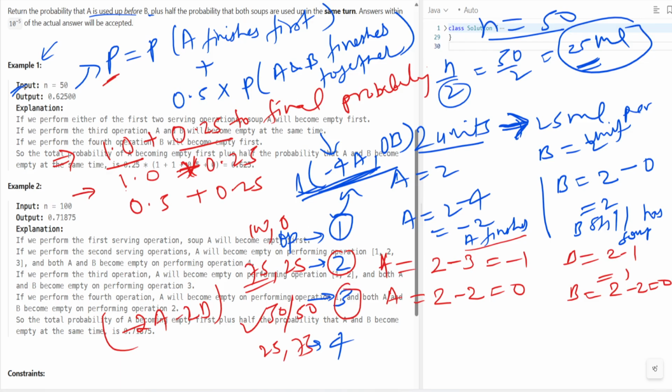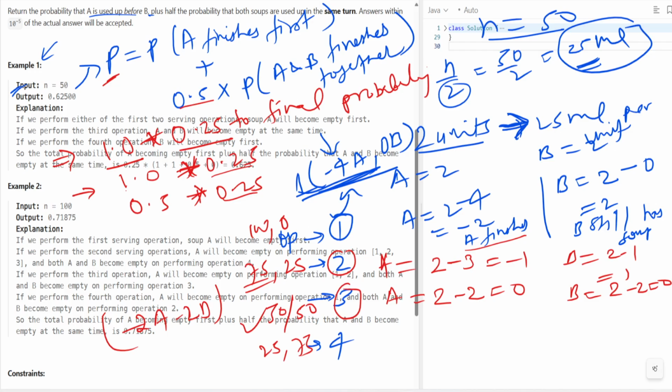A contributed first means we'll take 1.0 and then multiply by 0.25. Similarly, we have to multiply 1.0 plus 0.25 because we are doing 0.5. With 0.5 we have not counted that, so we have to take that. Okay, like that we will do.